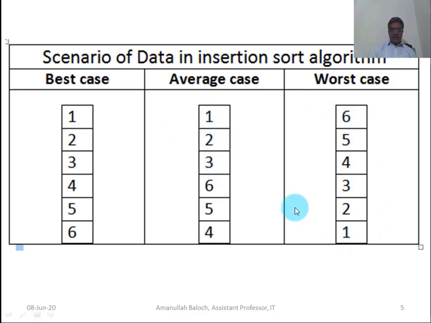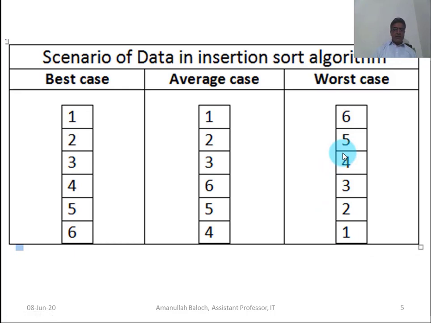While in worst case analysis, the while loop will never skip even a single cycle and will execute all of its cycles for each cycle of the external loop, that is the for loop.